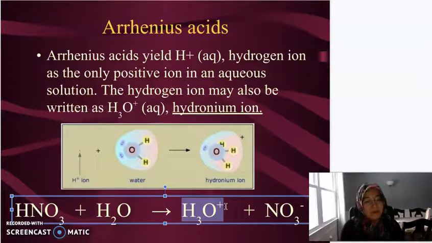If in exams they ask which one is an Arrhenius acid, you are going to check for this hydrogen. If it has this hydrogen, it is going to combine with water and form hydronium ion. Then we say, okay, that is an Arrhenius acid. Guys, Arrhenius acids and regular acids are just the same thing, but in a scientific way. Arrhenius helped us to define the compounds in a scientific way.